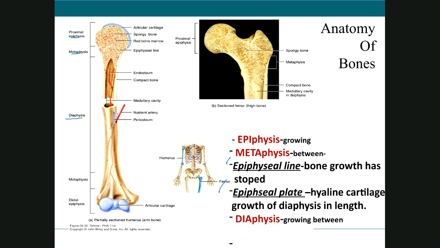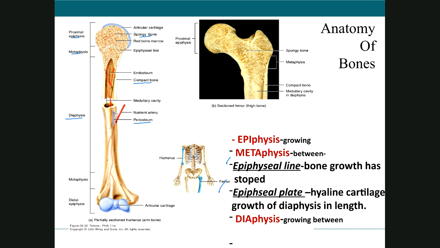Bone tissue is made up of spongy bone, which has bone marrow, where blood cell formation occurs, or compact bone, which exists around the outside of the bones, outside of the spongy bone, and outside of the medullary cavity. Here's the periosteum, which forms a nutritional blanket around the bone itself, contains nerves, and allows the nutrient artery to enter the bone.